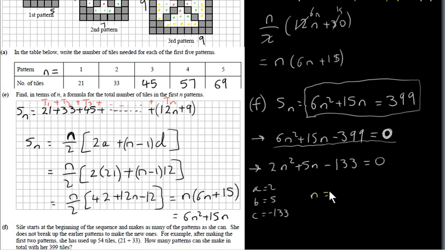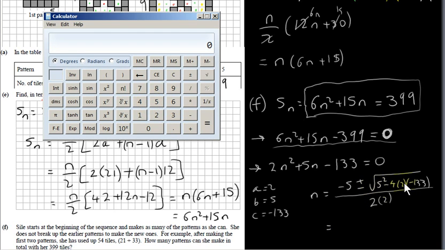The solutions are given by minus b, which is minus 5, plus or minus the square root of b squared minus 4ac. That's 5 squared minus 4 times 2 times minus 133. All of this is divided by 2 times a, where a is 2. So you go to your calculator and put in the discriminant of the quadratic equation. That's the b squared minus 4ac.